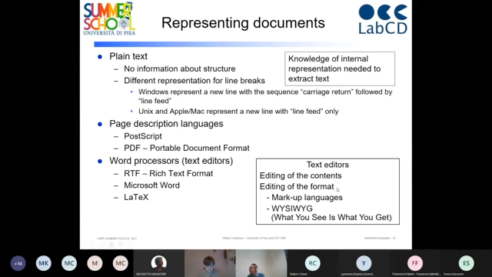The way in which you provide information about the formatting is either with markup languages, meaning that you embed in the text also instructions about formatting, so that in the end, if you look at how the document is internally, you see a long string of characters where some of them are the text that will be printed or displayed on a screen, and some of them are the commands telling those instructions.